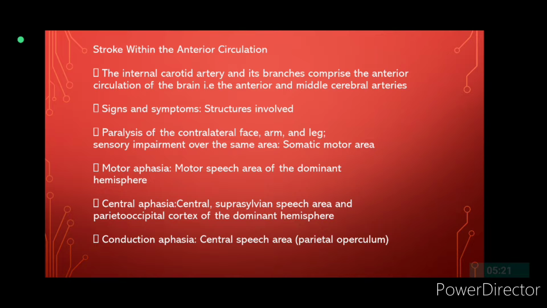Motor aphasia, which is motor speech area of the dominant hemisphere. Central aphasia, which is central suprasylvian speech area, and parieto-occipital cortex of the dominant hemisphere.